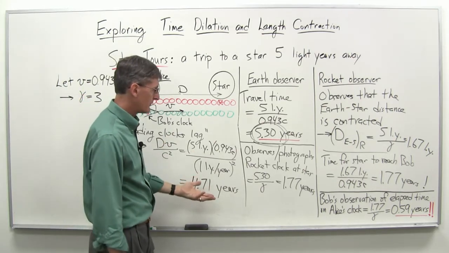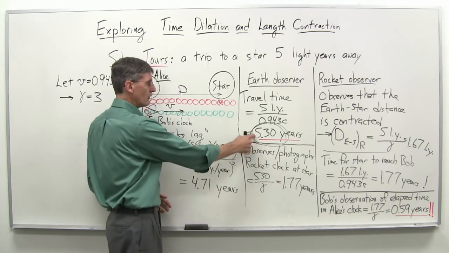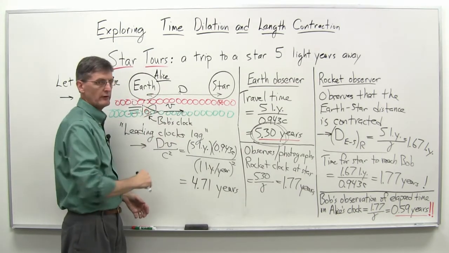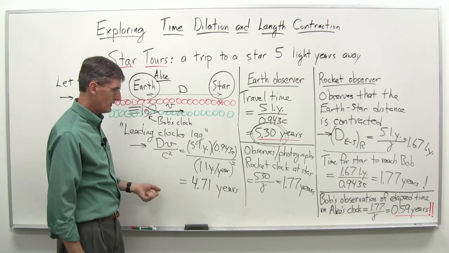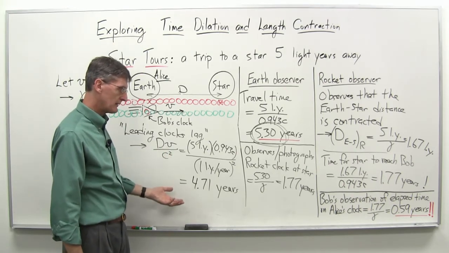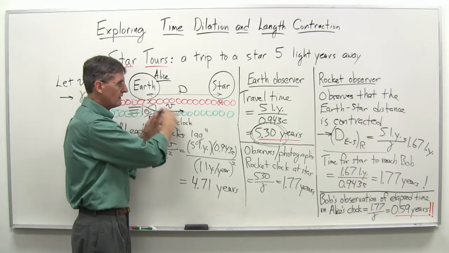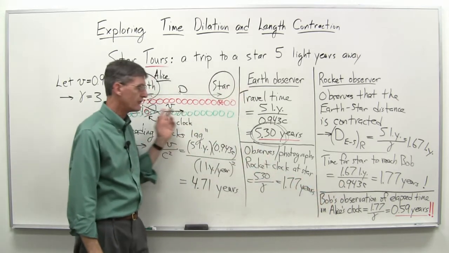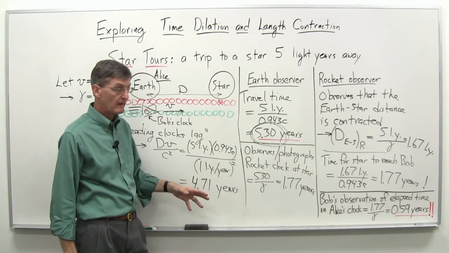And then the final thing that Bob has to explain to make sense is, how does Alice read this 5.3 years on the star clock when it reaches Bob? And they take the photograph. And the answer is, from Bob's perspective again, that he sees Alice's clocks time dilated, that if his clocks tick off 1.77 years, he sees her clocks tick off 0.59 years.